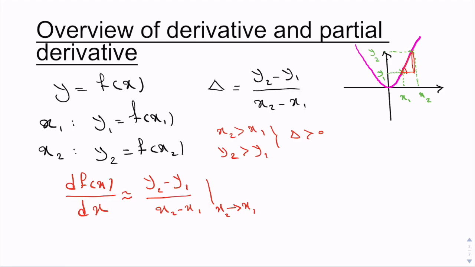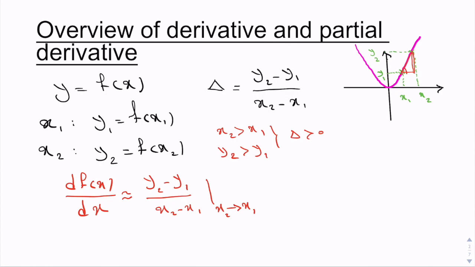The derivative basically gives us a slope. The magnitude of the derivative tells us whether it is a high slope or low slope, and the sign of the derivative tells us if the function at this point is decreasing or increasing.